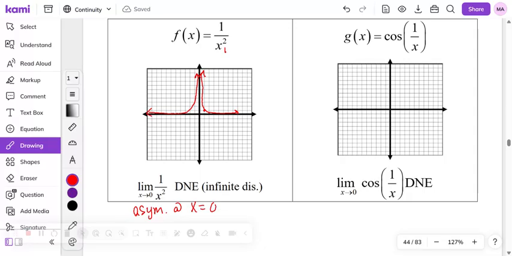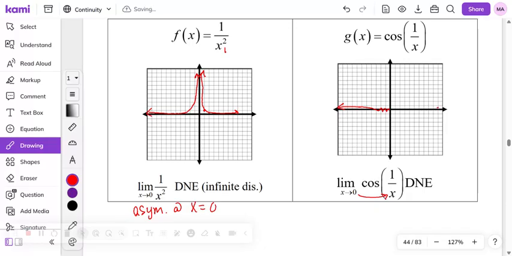For the next one, we have the limit as x approaches 0 of the cosine of 1 over x, which also does not exist. If we drop the 0 in here, we have 1 over 0. It is undefined. This is an interesting one because if you were to graph this function, it's kind of chaotic as we get in here.